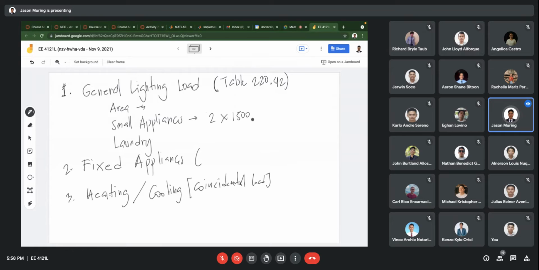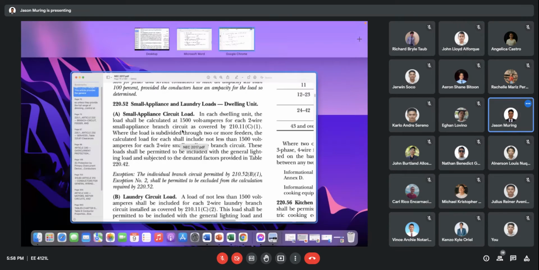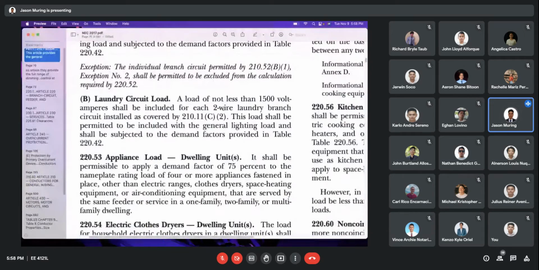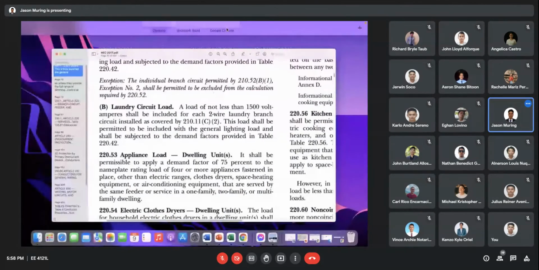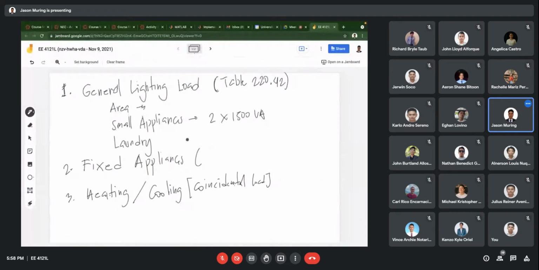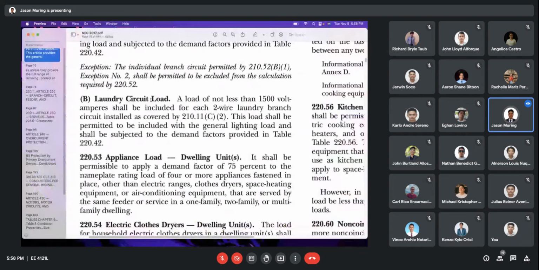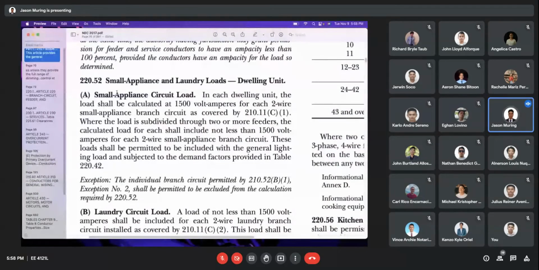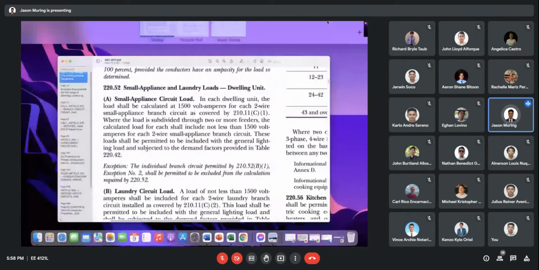So not less than these two. Then laundry: we also need one 1,500 VA circuit. Although let me just use this 220.52, A and B.